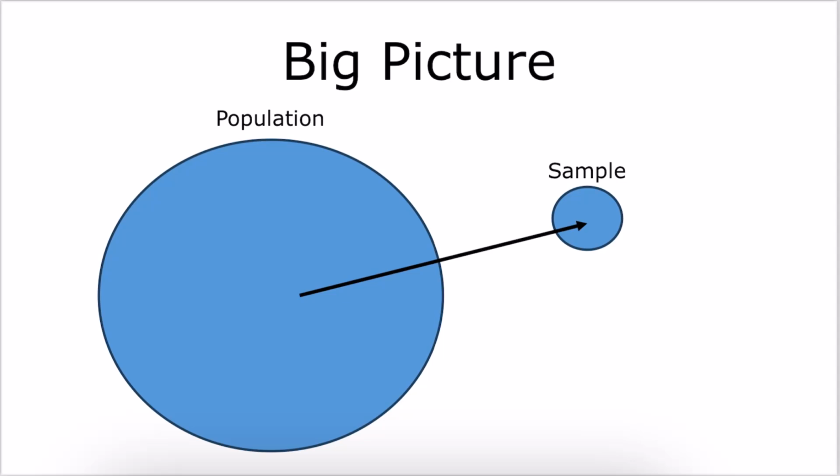So if you were to select, say, a sample of every 100th person that walked into a grocery store, and you looked at how much money they spent at the grocery store, and you averaged all of those numbers, and you found that on average, the people in your sample spent, I don't know, like $82 at the grocery store.